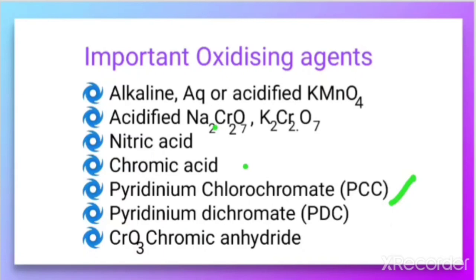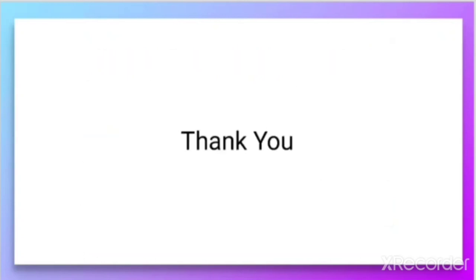Next, pyridinium dichromate, represented by PDC, and chromic anhydride, whose formula is CrO3. So these are the important oxidizing agents used for the oxidation of alcohol, which give rise to aldehyde, which further gives rise to acid. So that is all about the oxidation reaction of alcohol.